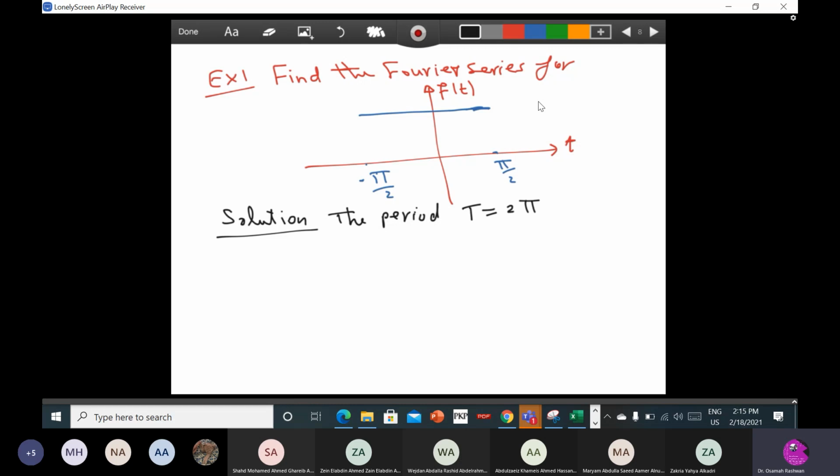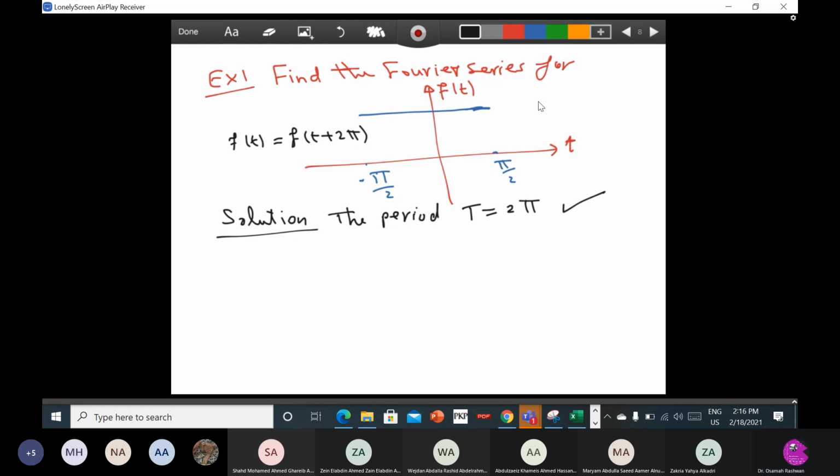He writes f of t equal to f of t plus 2 pi, either writing like this or mentioning in words that the period is 2 pi. So first of all, you have to decide the period.